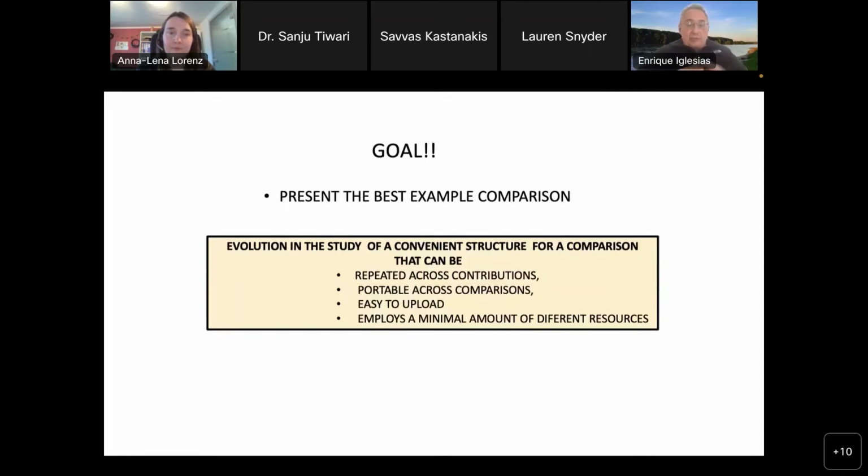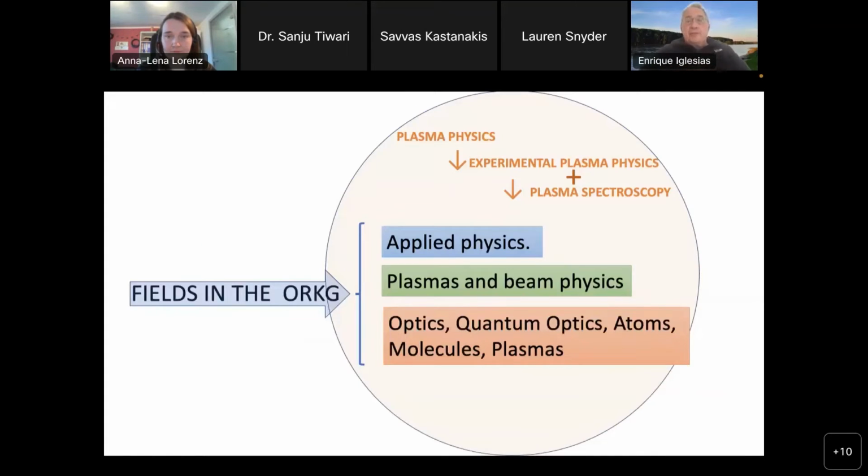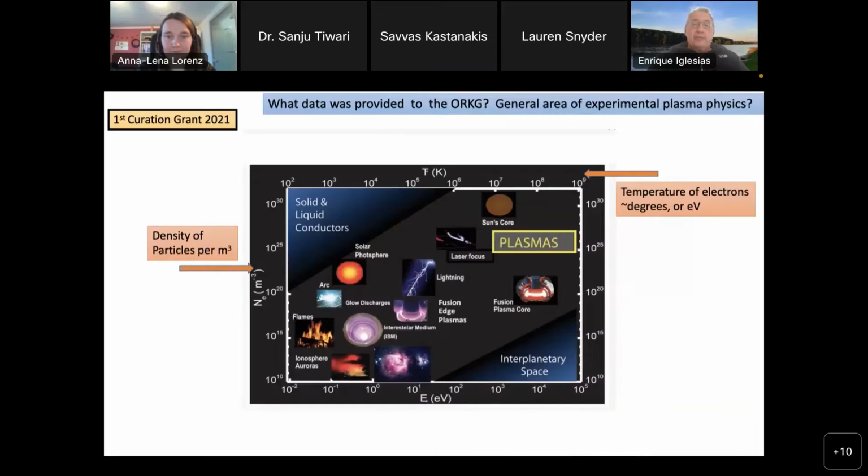You would try to make these resource properties portable across comparisons, as easy as possible to upload, and employ the minimal amount of different resources. The comparisons I prepared in both curation periods reside in subfields of applied physics: plasma and beam physics, optics, quantum optics, atoms, molecules, and plasmas, as provided by the ORKG.